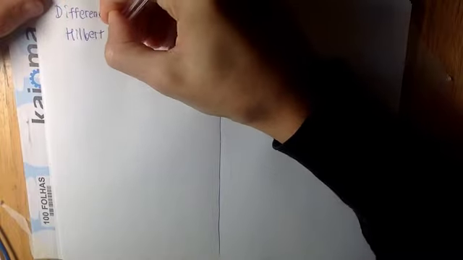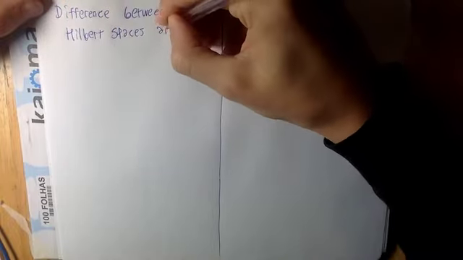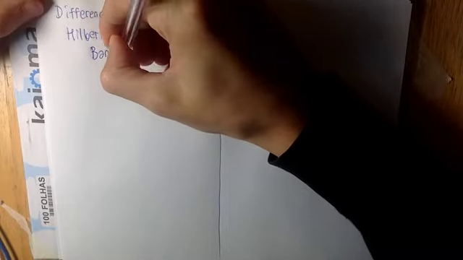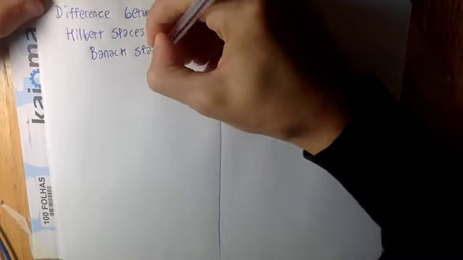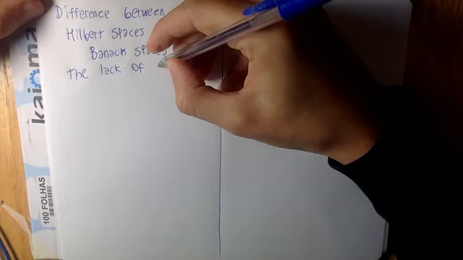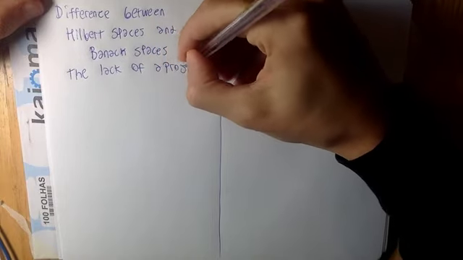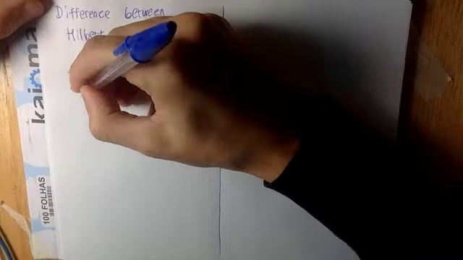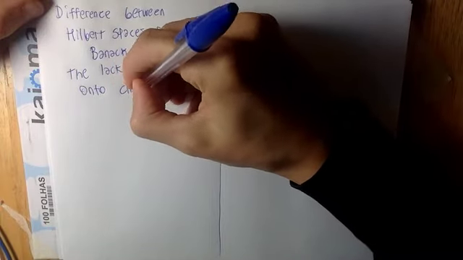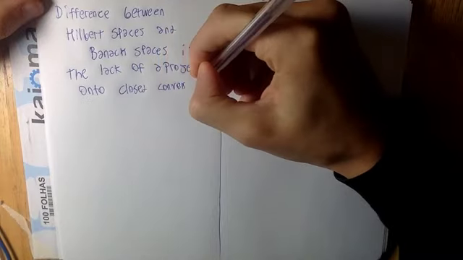Just to clarify some things I was saying from last class, the difference between Hilbert spaces and Banach spaces is the lack of a projection onto closed convex sets.